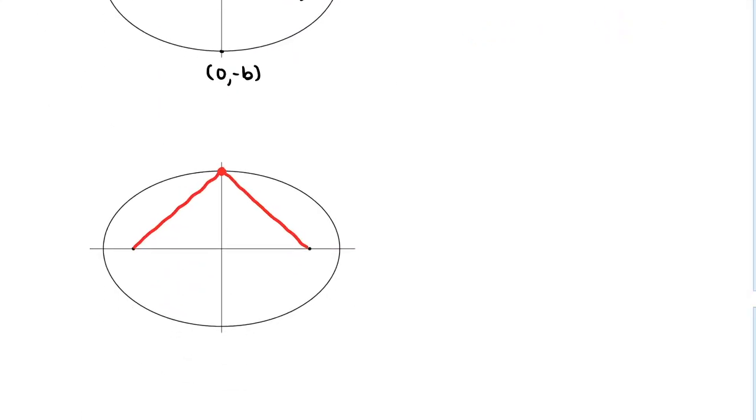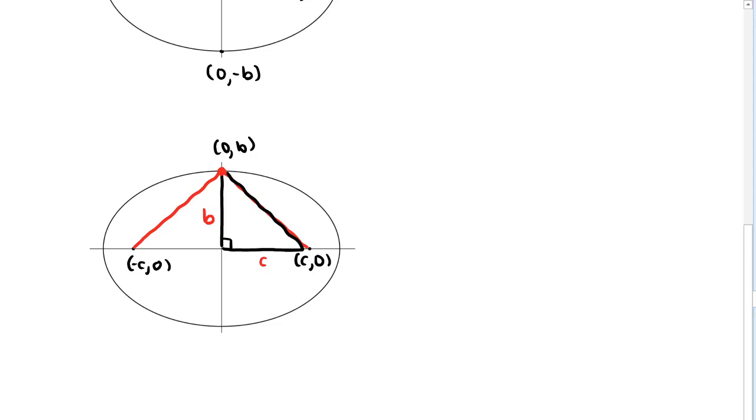Here, this point we said was the point 0 comma b, and the foci are negative c comma 0 and c comma 0. I can notice that there's a right triangle here, and the distance we're trying to find is the hypotenuse of that right triangle. One of these distances, the one on the right side, can be computed by finding the hypotenuse of the triangle with side length c and side length b.